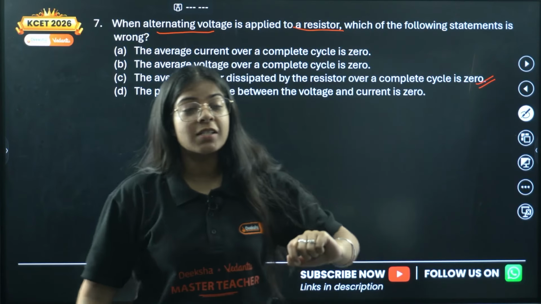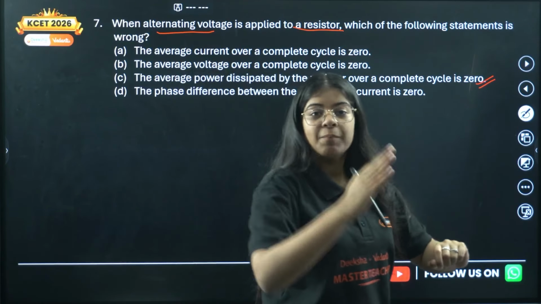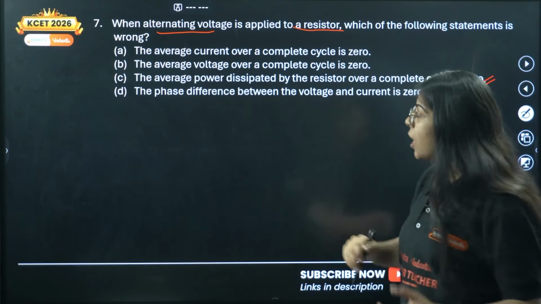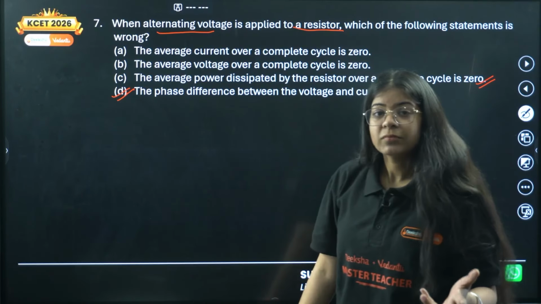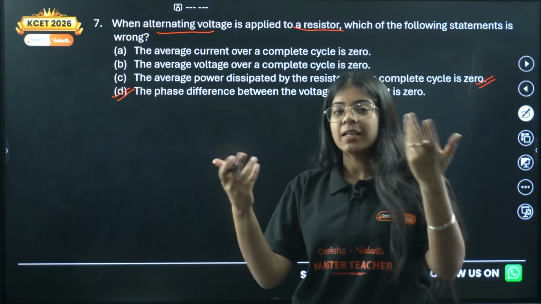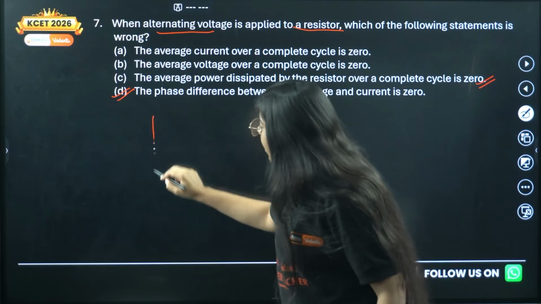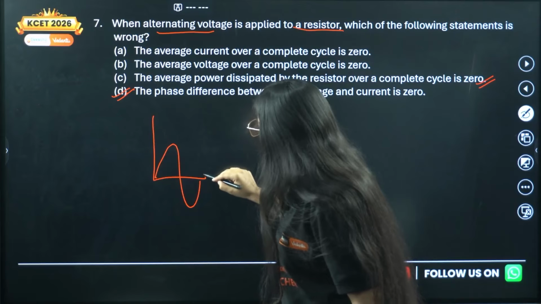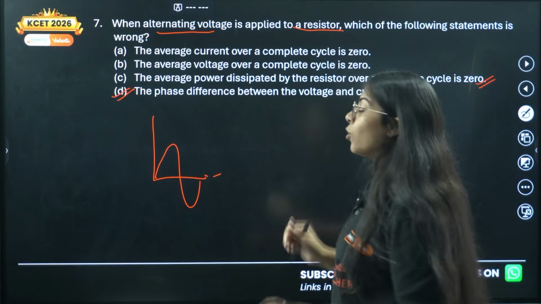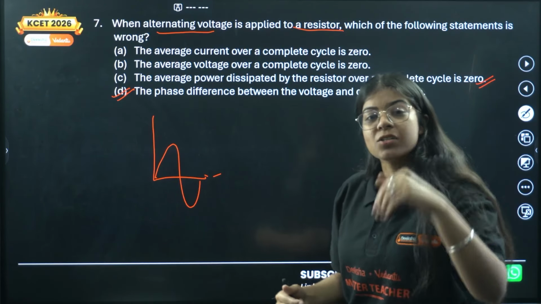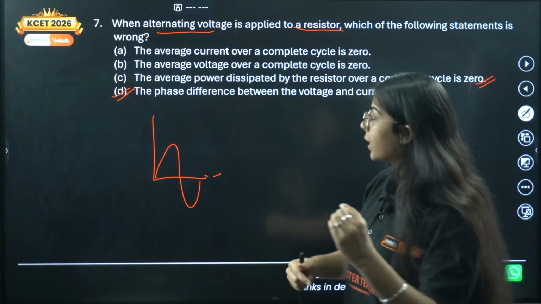So let's try eliminating. We know first, if my voltage increases, my current increases simultaneously. So this is correct. Phase difference of voltage and current is the same. Now if I have an AC voltage, alternating voltage, then current is also alternating, correct?